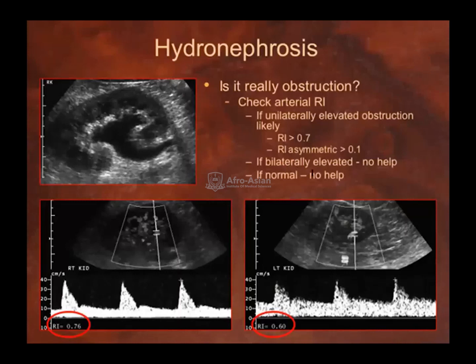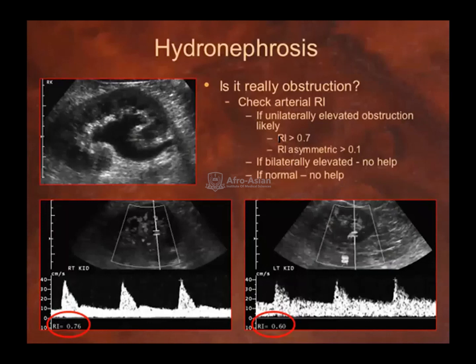If the resistive index is asymmetrical, the difference will be about 0.1 or above. It means that if the right kidney has 0.5 and the left kidney has a difference of 0.1, that is 0.6 or above, that will indicate some abnormality.